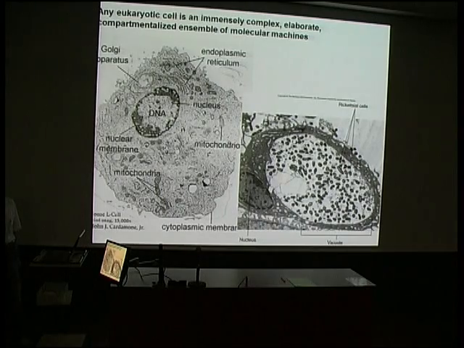So basically, a eukaryotic cell is a very complex affair. It's a highly compartmentalized, elaborate ensemble of molecular machines that includes the nucleus, where the chromosomes are located, a whole system of endomembranes, the endoplasmic reticulum, the Golgi complex and all of that, as well as the mitochondria, the power stations of the eukaryotic cell.